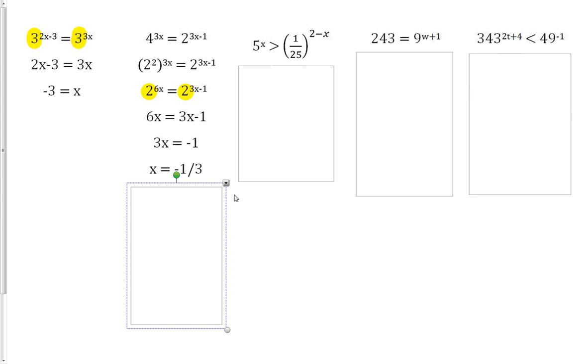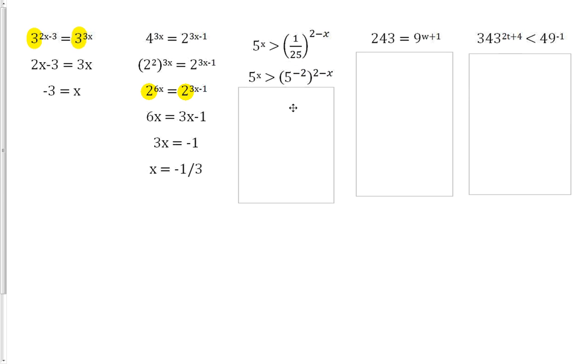This next problem here, we have a 5 as the base on one side and a 1 over 25 as the base on the other side. Well, we know that this is 5 to the negative 2 power, so we're going to just rewrite that. And if we multiply out our exponents, we're going to have 5 to the x on one side and 5 to the negative 4 plus 2x on the other.